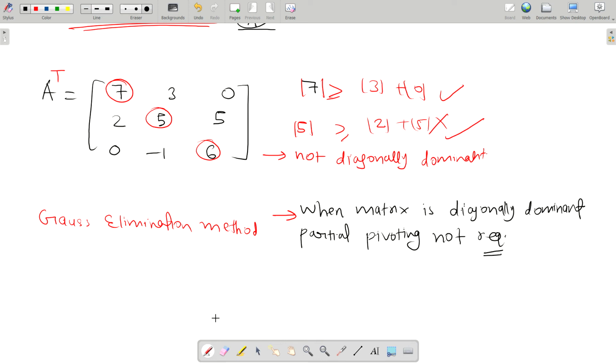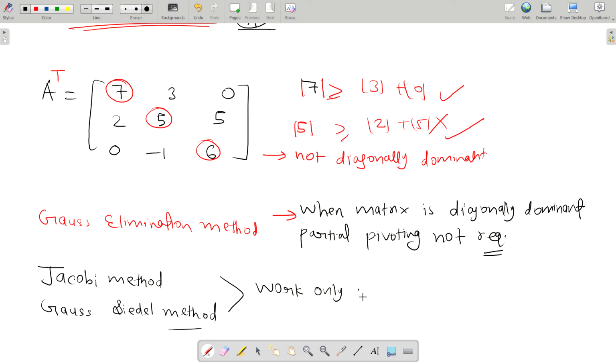Also, in the iterative methods of solving linear systems of equations, we must have heard of the Jacobi method or the Gauss-Seidel method. They work only if the matrix A of the linear system we are going to solve is diagonally dominant.